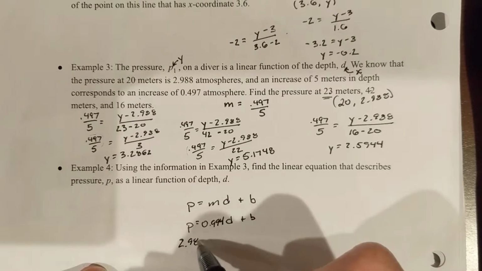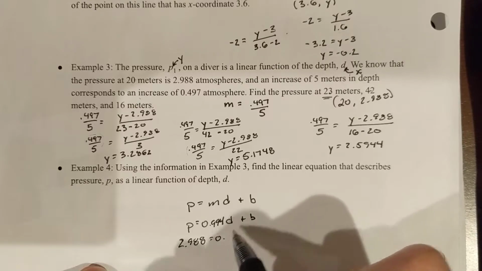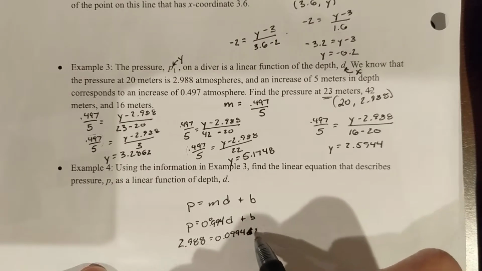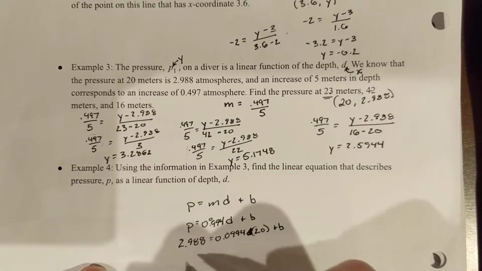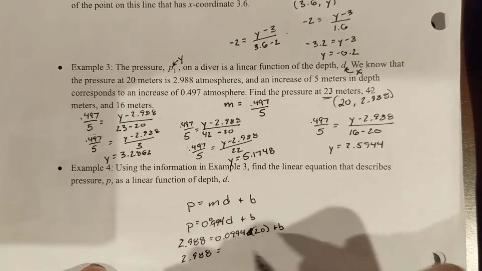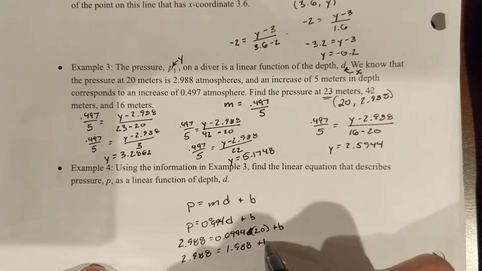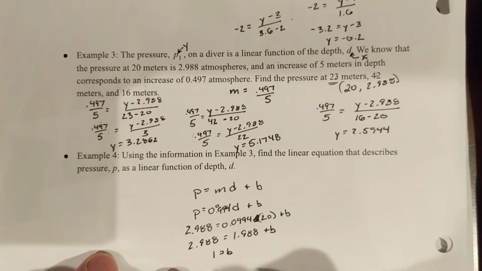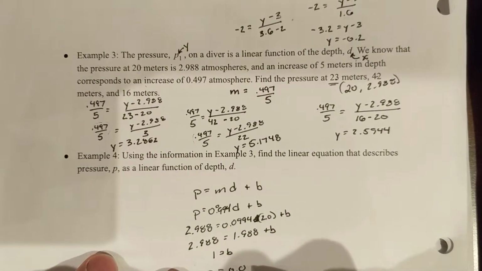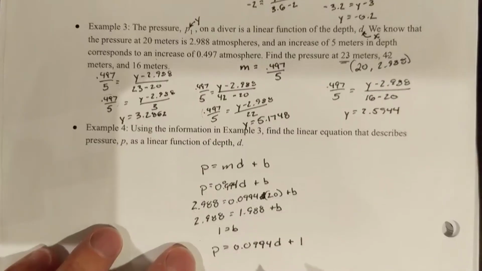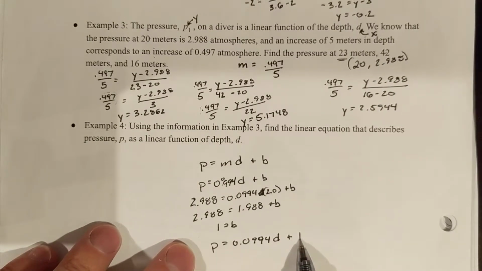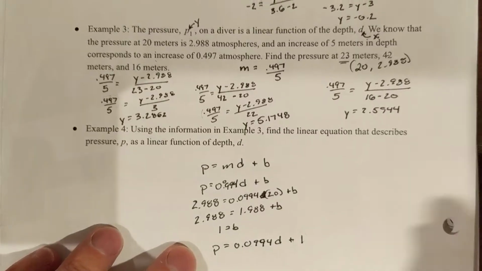So 2.988 is equal to 0.994D, which is 20, plus B. So on the right hand side here, 0.0994 times 20 is, so this is 2.988 equals 1.988 plus B. So if I subtract that across, you get 1 equals B. So my equation is P equals 0.0994 times the depth plus 1, which actually makes sense because at sea level the pressure is 1 atmosphere, so if you have 0 depth, you're at 1 atmosphere.